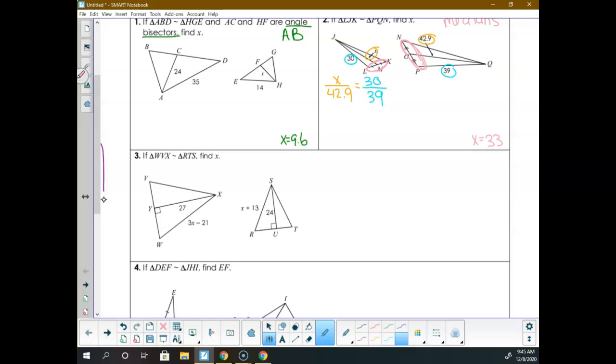Do you guys see that page in your notes where up at the top it's got the 3 options? All right, so this one over here is altitudes, and X is 19.